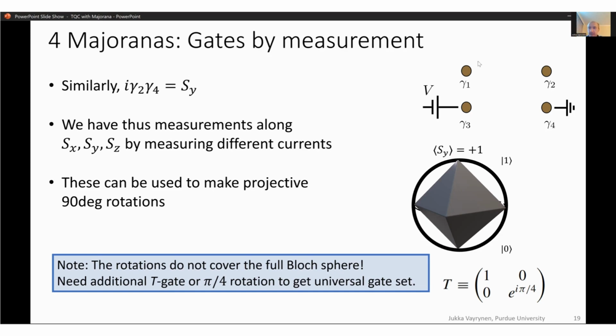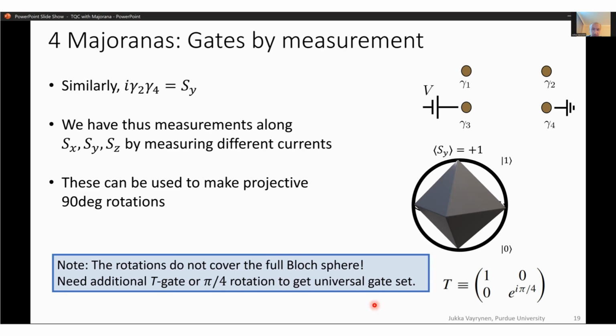Basically, it stems from the fact that when you choose the measurement axis, you choose to run current to, let's say, gamma 3, and it's very difficult to make an error where you would run current, let's say, partially to gamma 3 and partially to gamma 1. That would be something where we wiggle the measurement axis by some small angle.